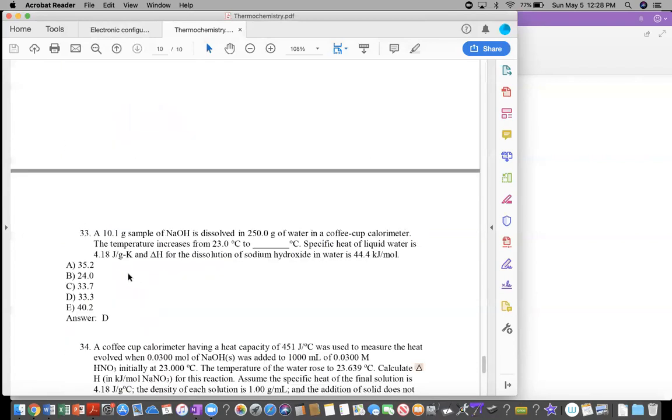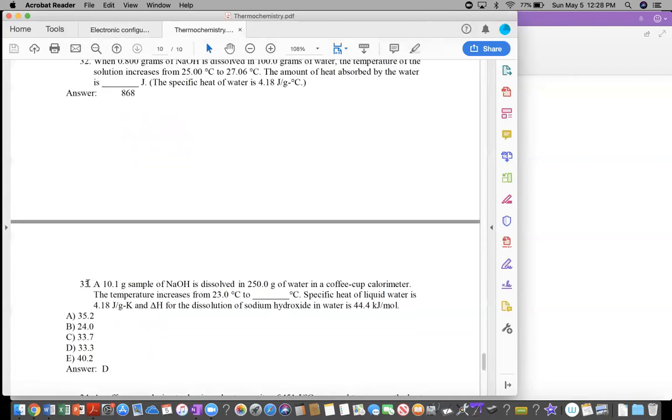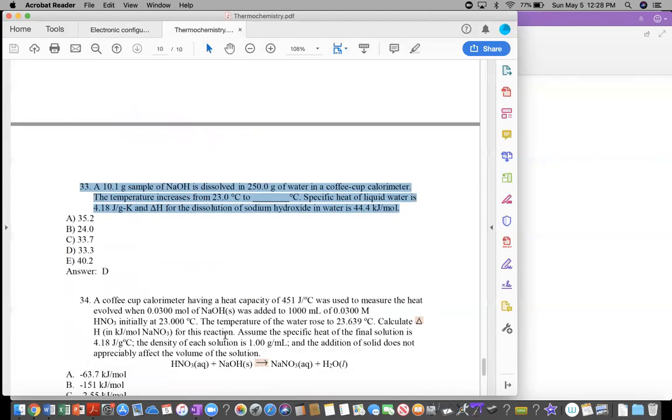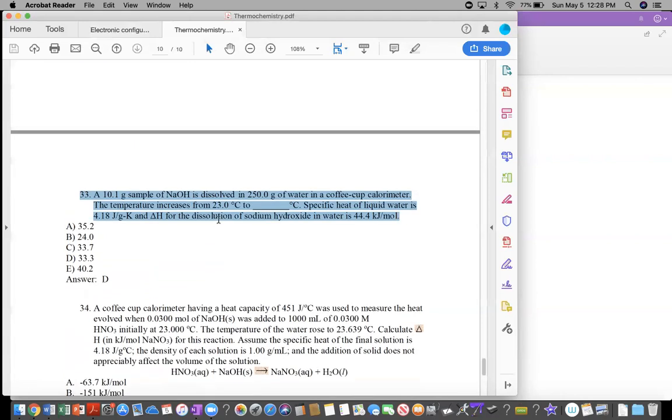Okay. This is that question where you have to find the final temperature. So this is a question where you have to go in the opposite direction. It says you're given a mass of sodium hydroxide dissolved in 250 grams of water in a coffee cup calorimeter. The temperature increases from 23 to something, and the specific heat of the water is given. Delta H for the solution is given this time.